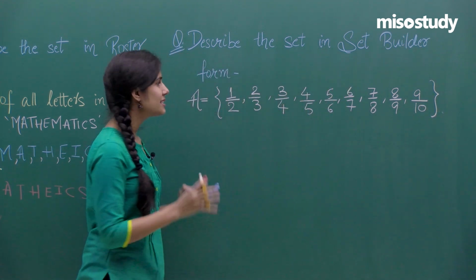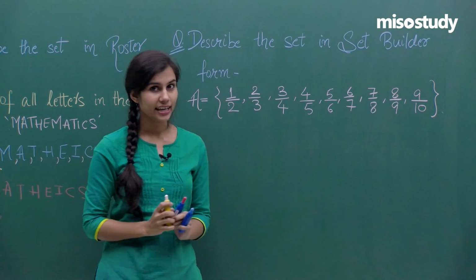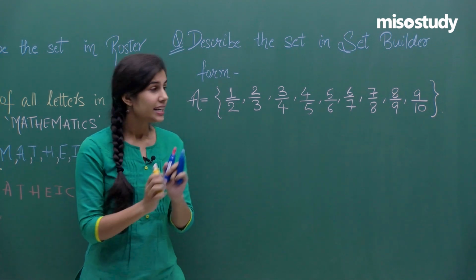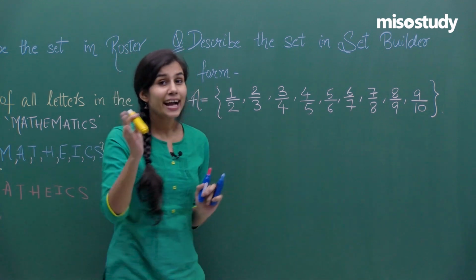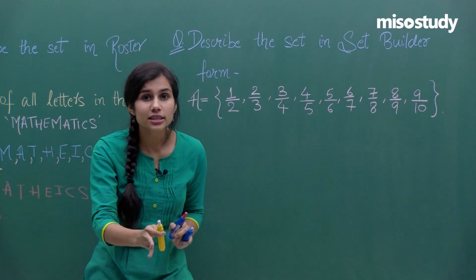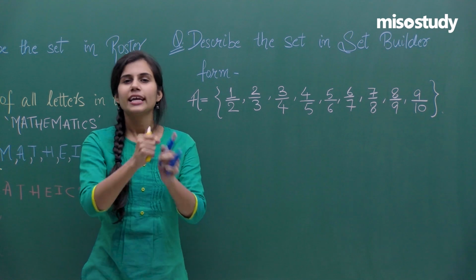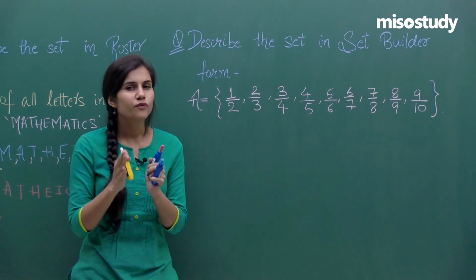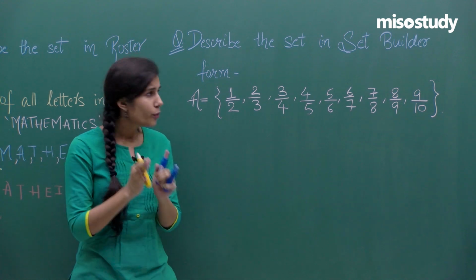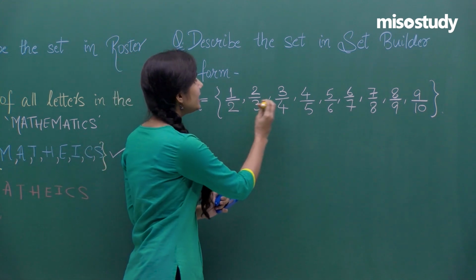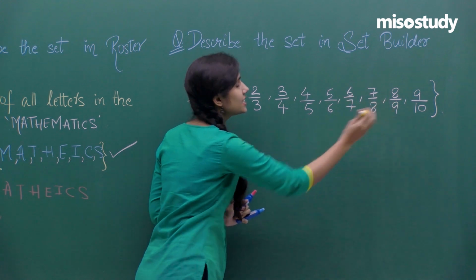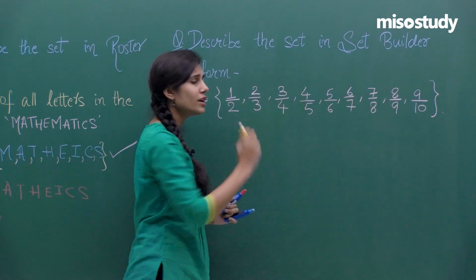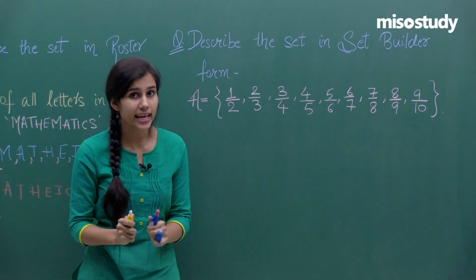These are the members sitting inside set A. If you carefully observe, this set is given in the roster or tabular form. I am asked to find a rule which all these members in the set satisfy, because only then will they qualify to be inside set A.